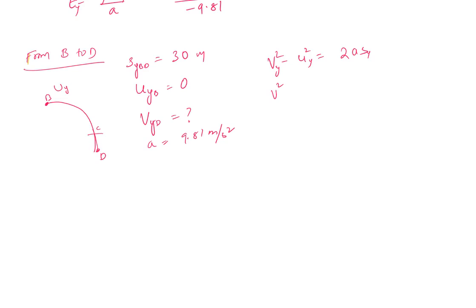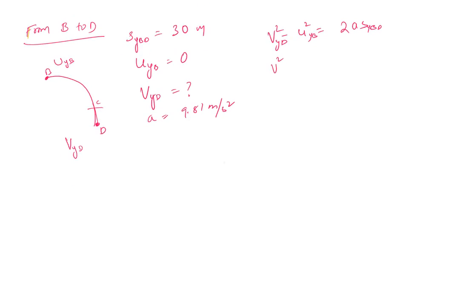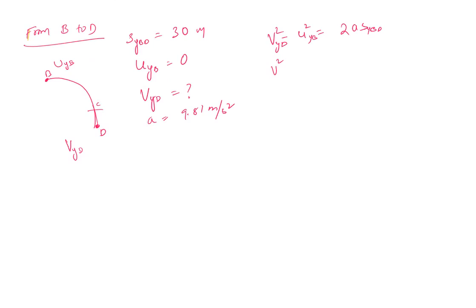We want the vertical velocity at B, so here it is the final vertical velocity at D. Okay, let's do that. That might be a little better to differentiate. sy, I'll say BD. Even if you don't write the subscripts, as long as you know what they are, that's fine.